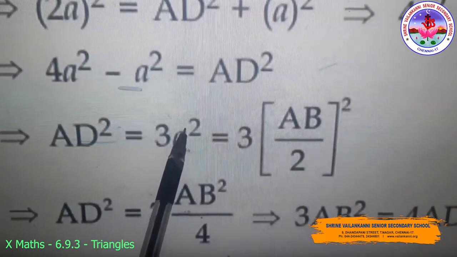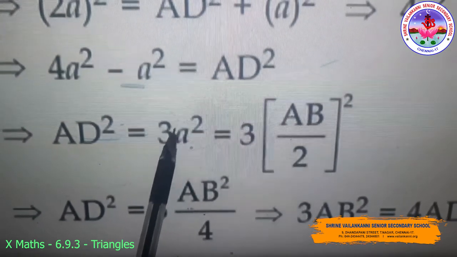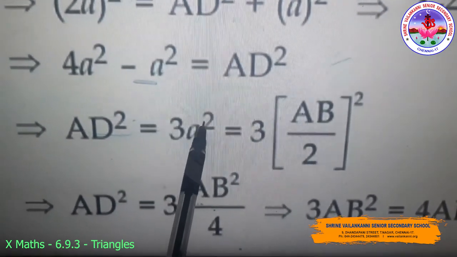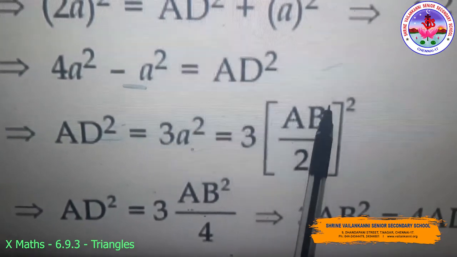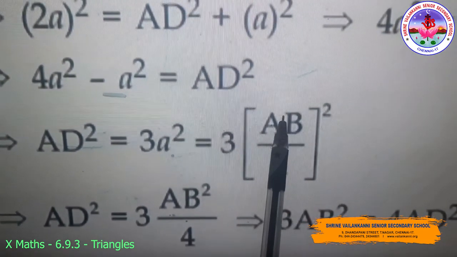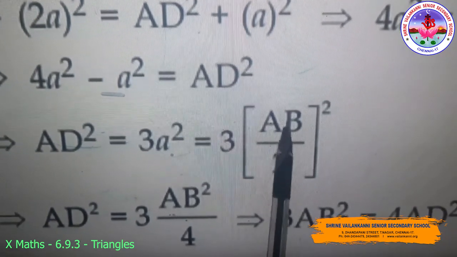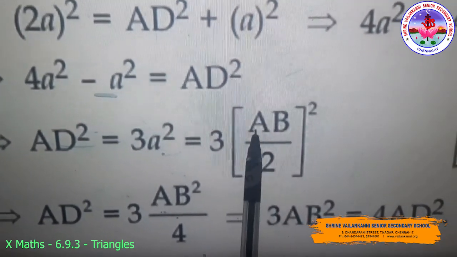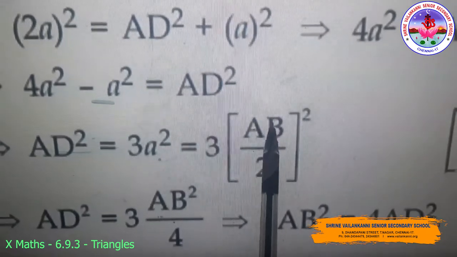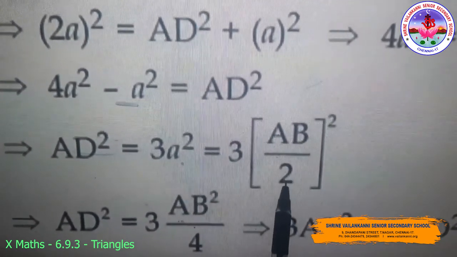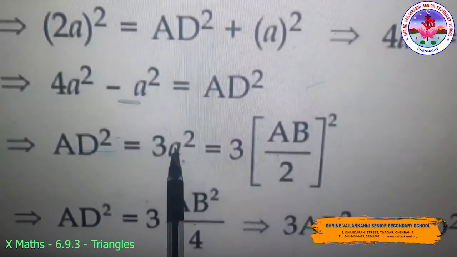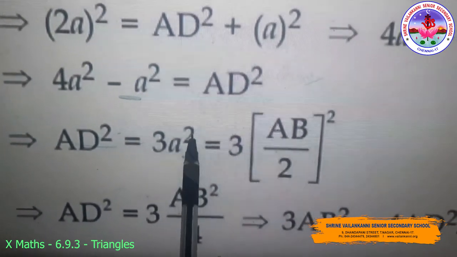So in place of a square, I am going to write my a as AB by 2, where AB is the side of the equilateral triangle 2a. So 2a by 2, 2 gets cancelled, I will be getting a. So in place of a, I am writing it as AB by 2. So I got 3, a value as AB by 2 whole square.